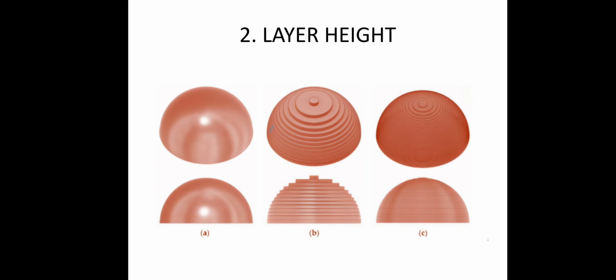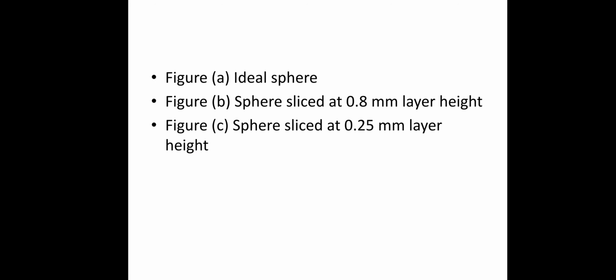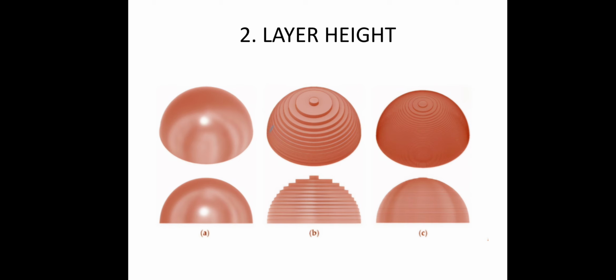The next feature is layer height. The designers should consider the layer height. The first one is the 3D CAD model. In the diagram, figure A is the ideal sphere, and figure B is the sphere sliced at 0.8 mm layer height, so it has more printed lines.